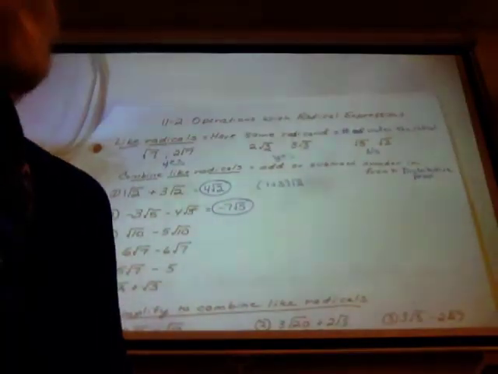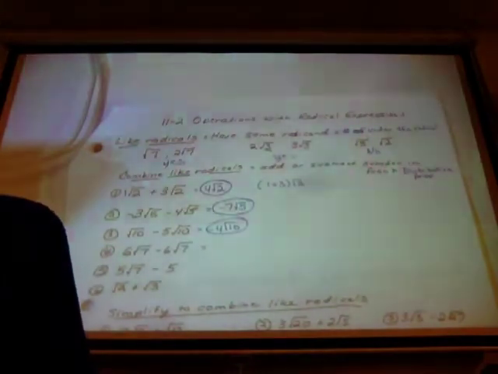On here, Erica, what would you get for number 2? Negative 7 radical 5. And you can just go to the answer, but I want you to understand why that works. John, what would be number 3? Radical 10. This just stays the same. Okay? Hans, what would number 4 be?